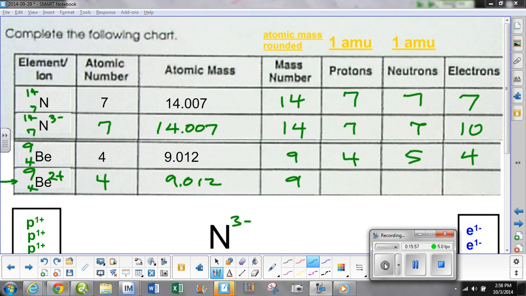All right, let's give someone else a chance. Melanie, what do you say for the number of protons? Uh-huh. Neutrons? 5, yes.